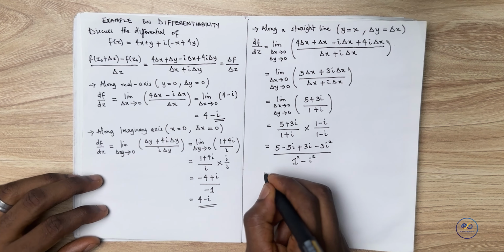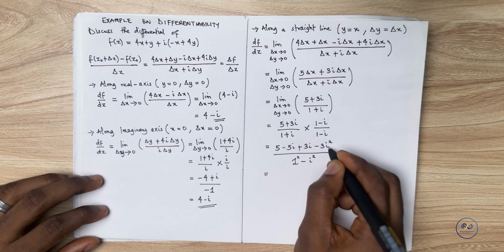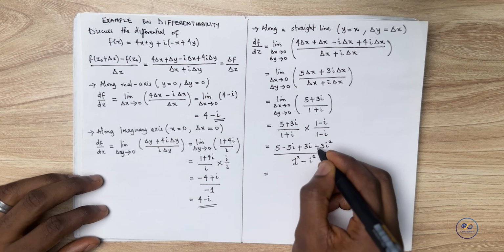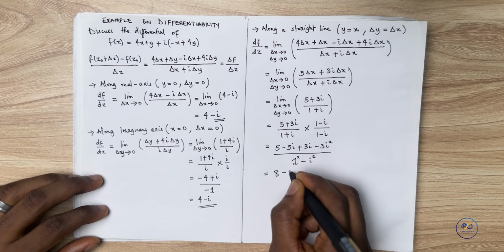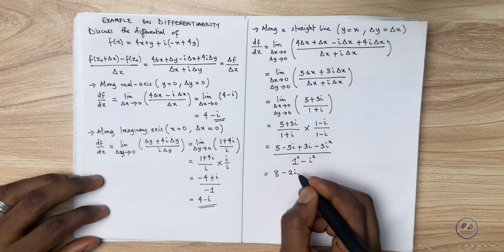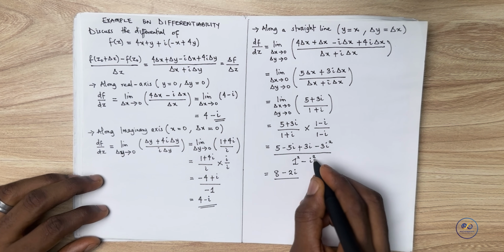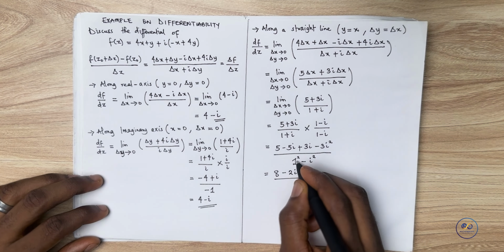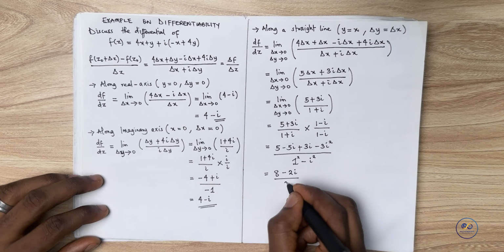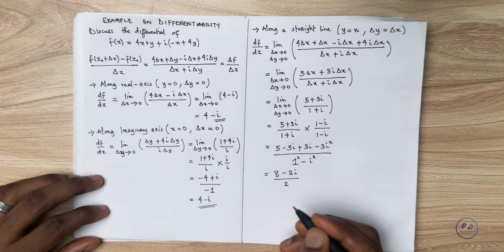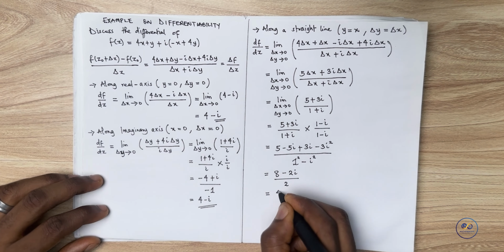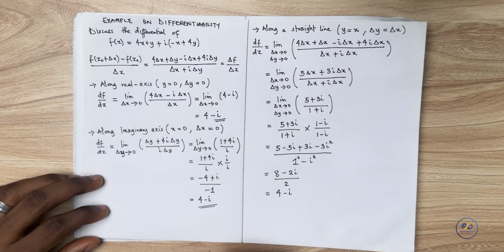Such that if this is simplified, on the top, i squared is minus 1, so 3i squared is minus 3 times minus 1, that's plus 3. That gives us 8 on the top minus 2i. And then at the bottom, i squared is minus 1, that gives us plus 1 in total. Then plus another 1, that's going to give us 2. So, of course, 8 minus 2i divided by 2, that, of course, gives us 4 minus i.